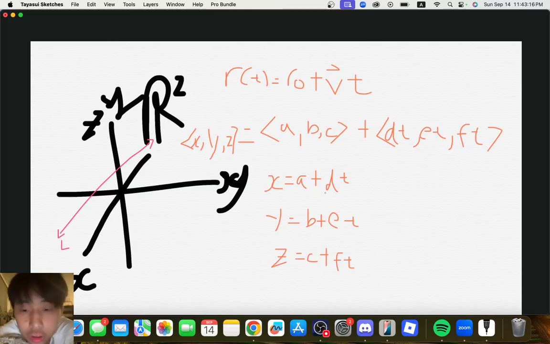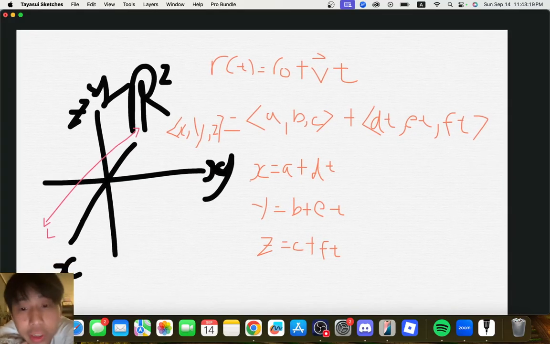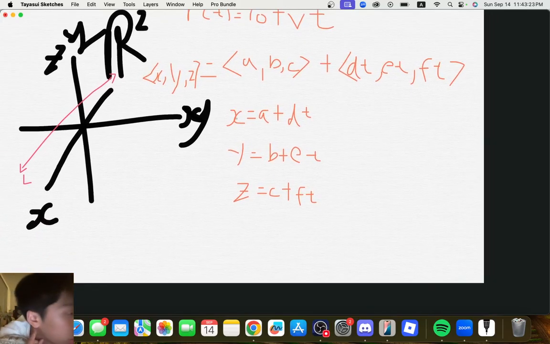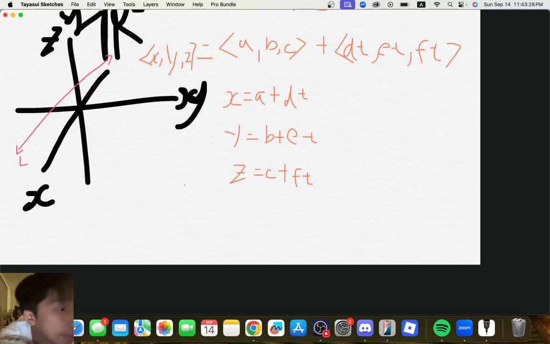Now this is what's called the parametric equation, but there's also another equation called the symmetric equation.